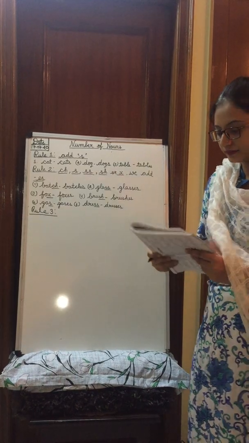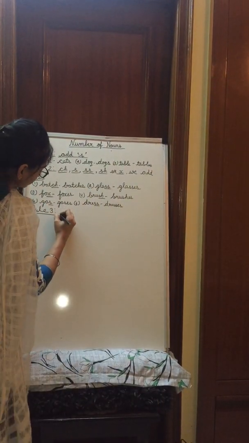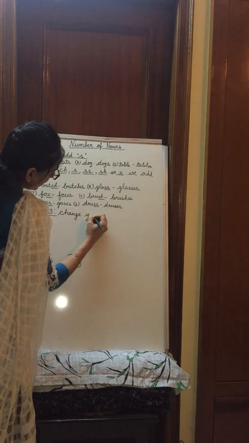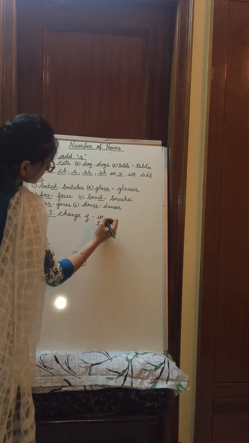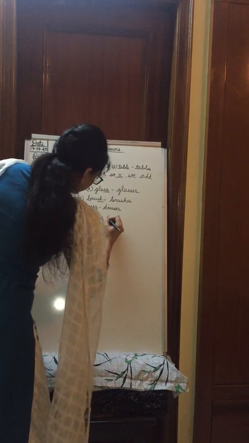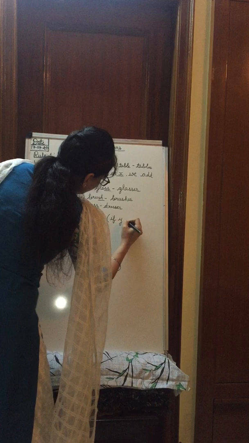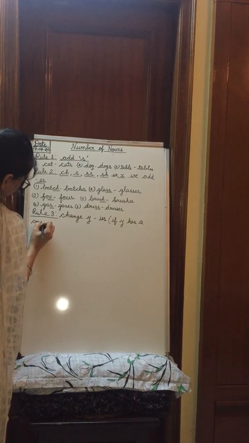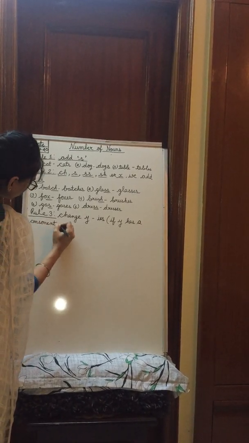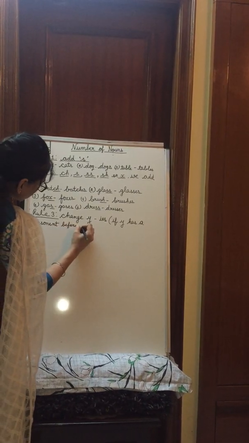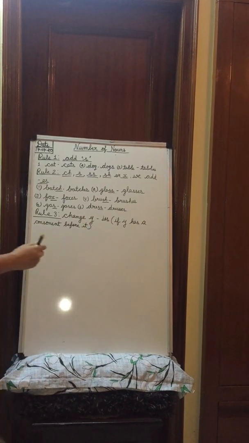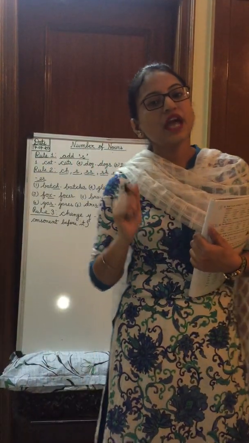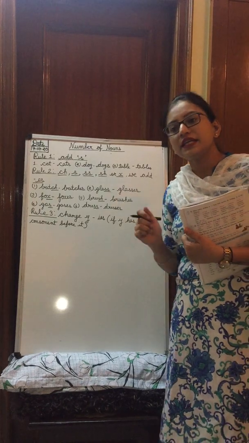So rule number 3 is if a noun ends with Y, we have to change Y into IES.